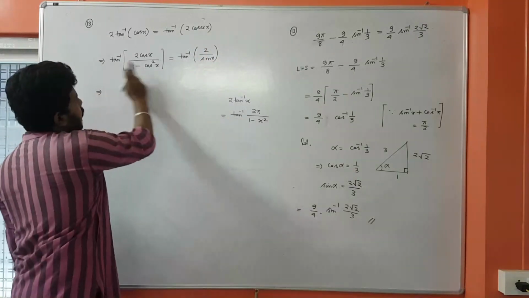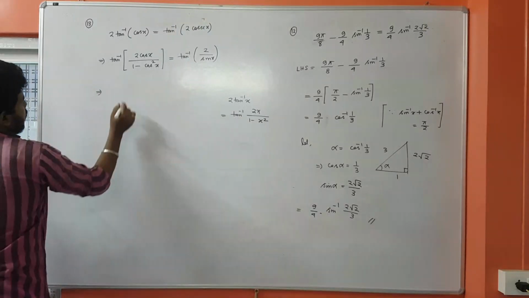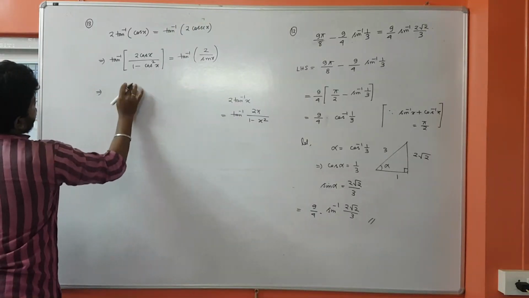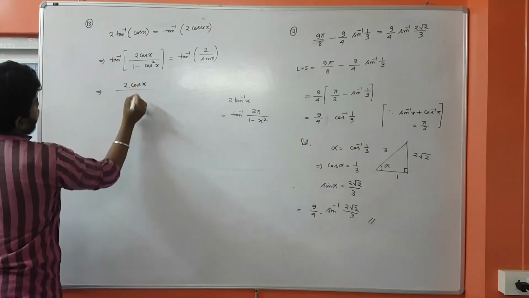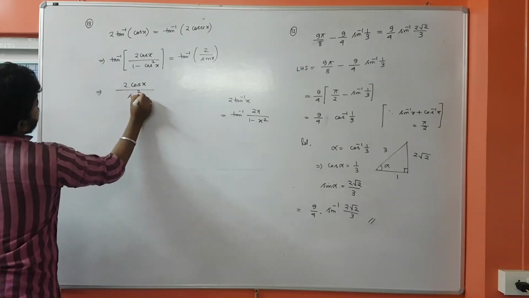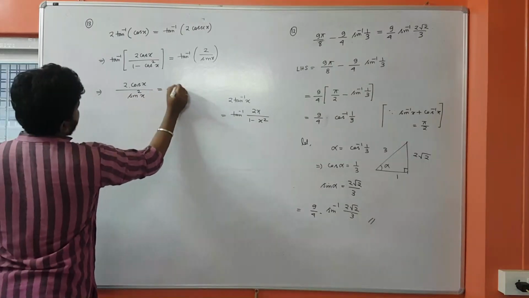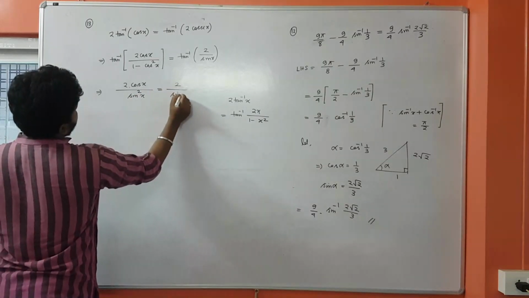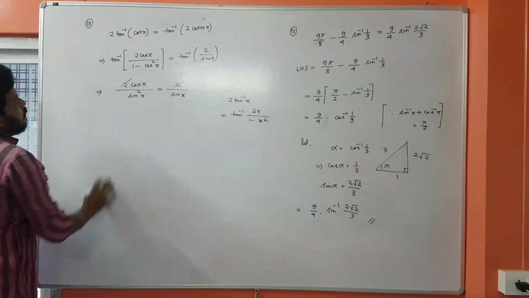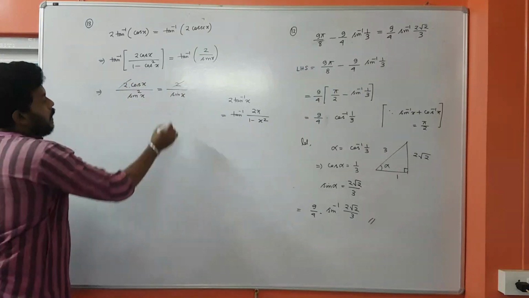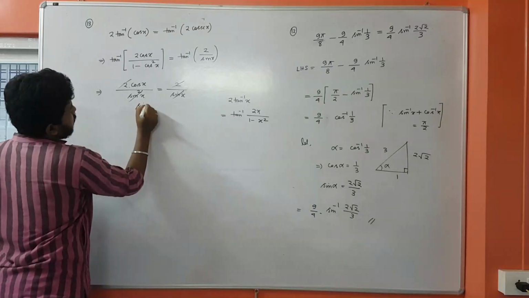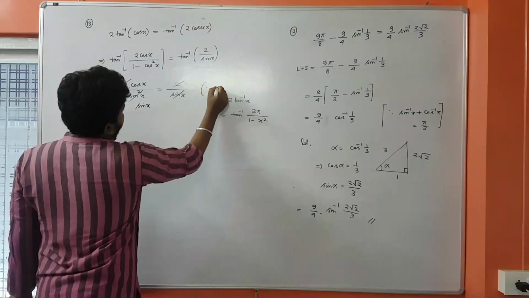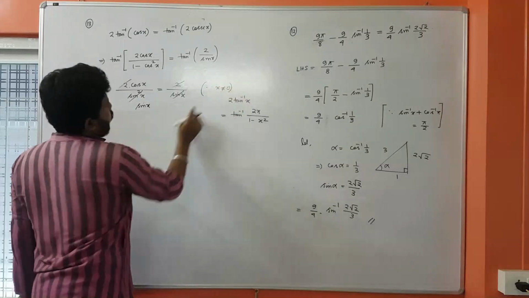Now, tan inverse and tan inverse cancel. This is twice cos x by sin square x equals 2 by sin x. 2 and 2 cancel. This is sin, this is sin x. If I cancel this, I have to write here x not equal to 0.